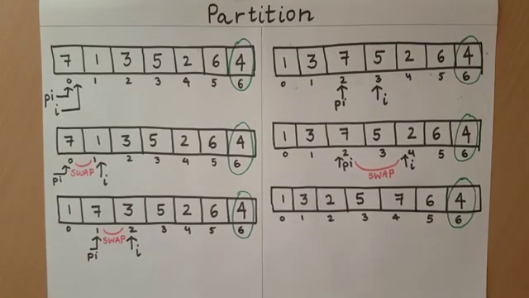Now that we have swapped the elements at Pi and I, we will increment Pi by 1. Upon doing so, we will get Pi equal to 3.